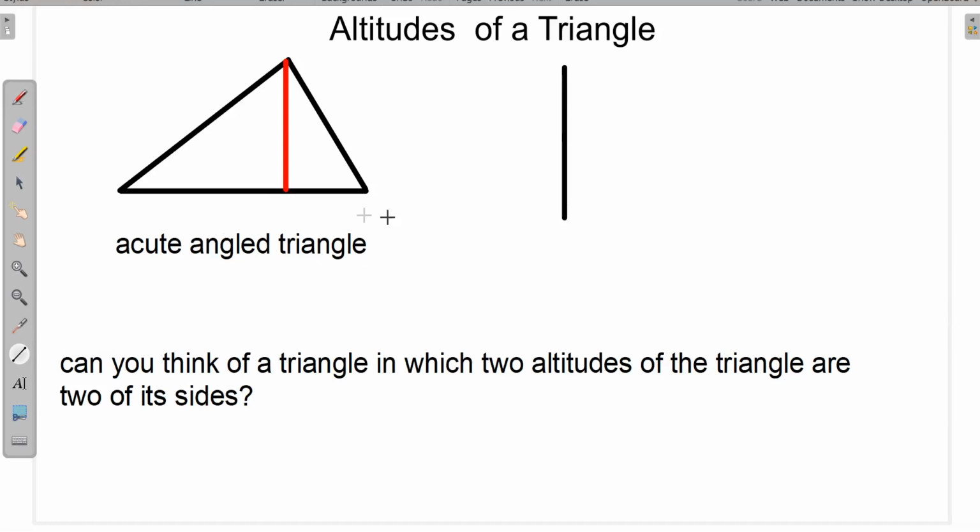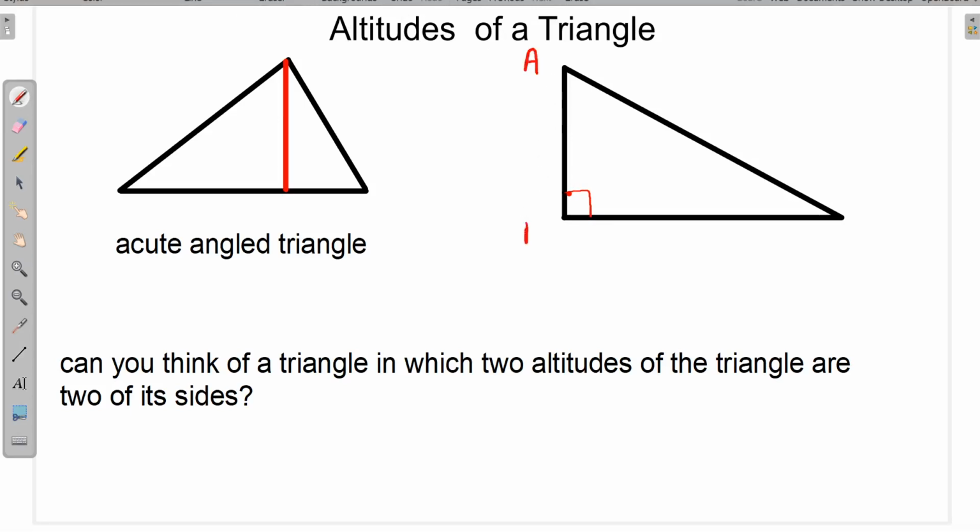So if I draw this right angle triangle, in this, these two sides are perpendicular to each other. I name it A, B, and this is side C. So what is the altitude here?